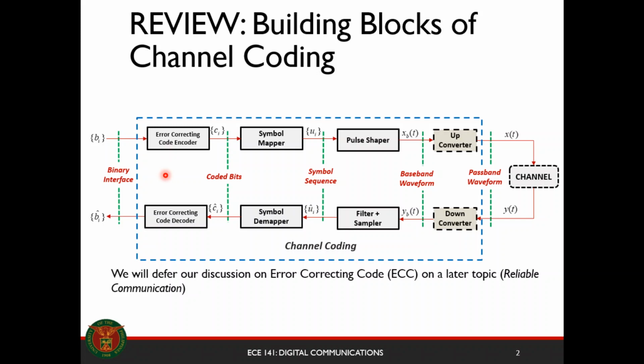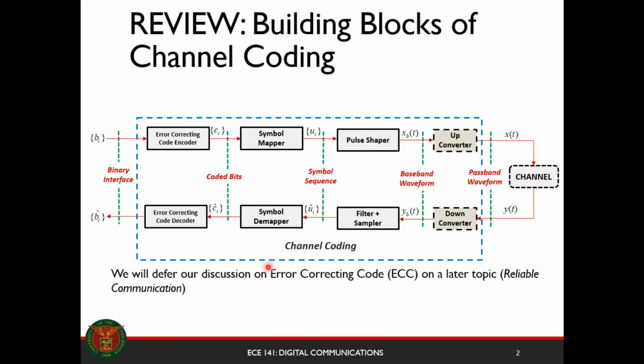So we'll focus first on these two blocks right here, the symbol mapper and the pulse shaper. The symbol mapper maps the bits into symbols. And from symbols, we now create pulses. We'll also defer this for now.